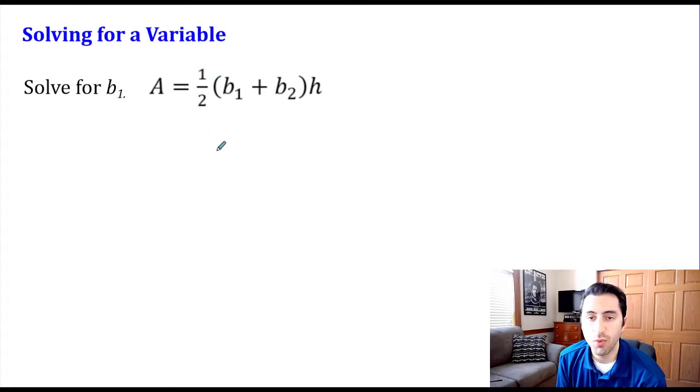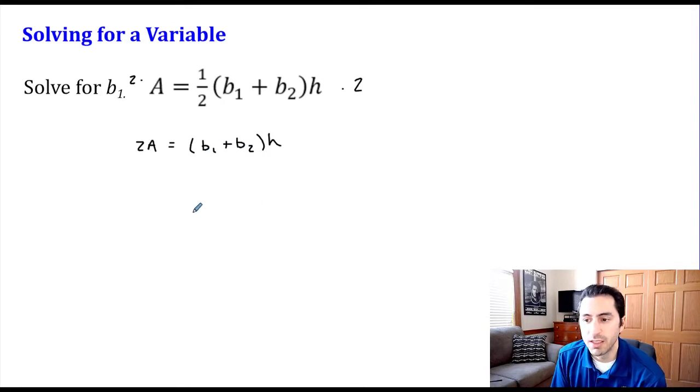I'm multiplying by 1/2, and the opposite of multiplying by 1/2 would be multiplying by 2. That would undo the 1/2 and move it over to the other side. So I'm going to multiply both sides by 2. That gives me 2A, and on the right-hand side, 2 times 1/2 simplifies to 1. So now I'm left with everything else.